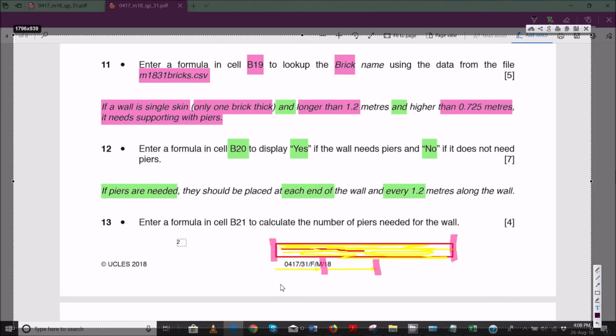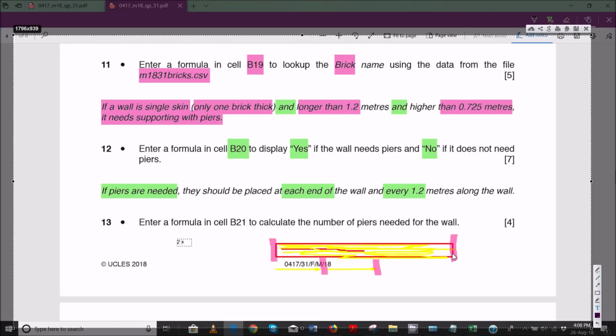So I have two, one at each end, and then the plus. The next one is conditional. It depends if the wall is 1.2 meters long. Okay, so that is very important, guys. The first one is that you've got a definite one, which is the fact that if piers are needed, then it should be true.